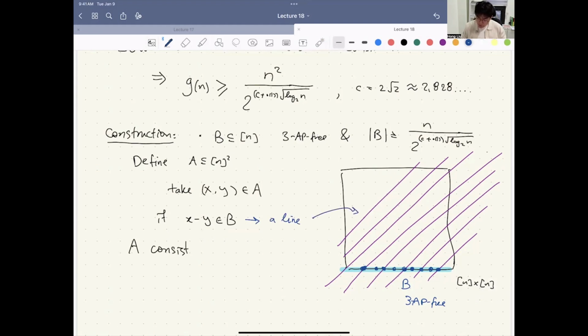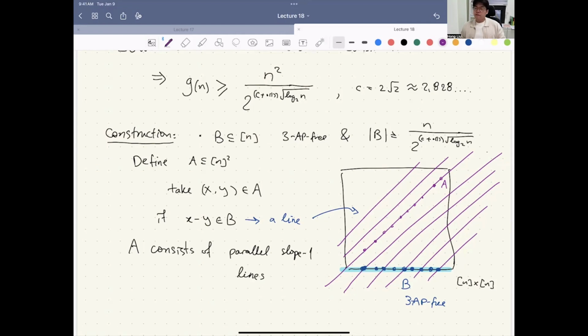So A consists of parallel slope 1 lines. And you're going to take all the, so the A is what? You take all the points on the line, grid points. You put it in A. You put this in A.